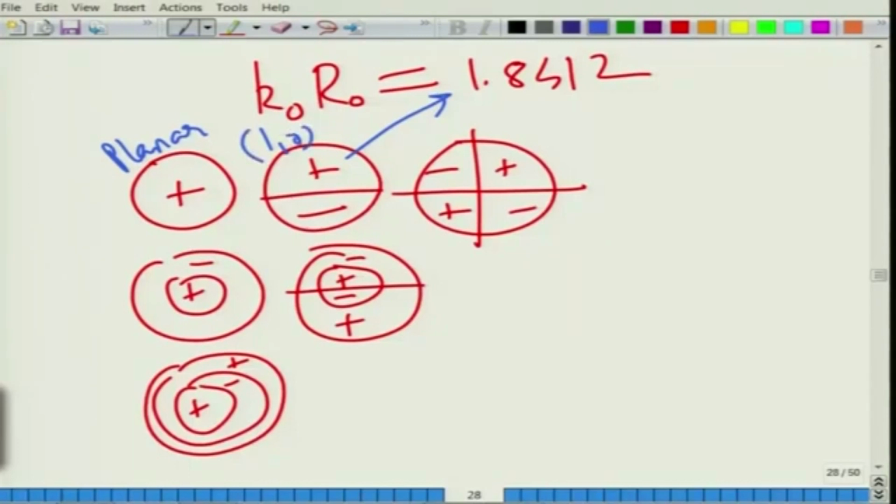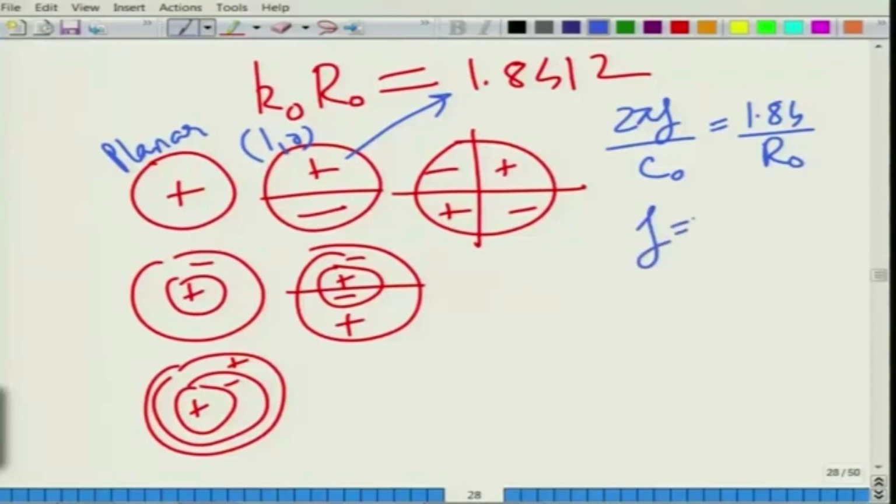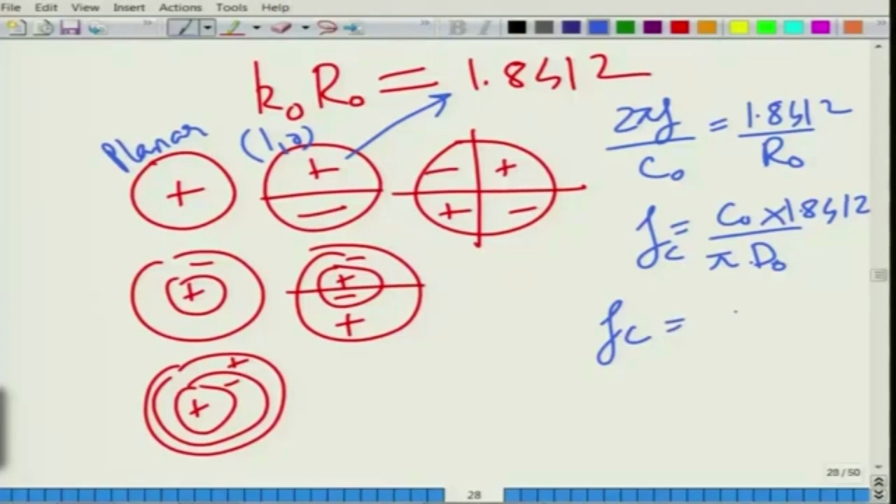The reason I am telling you this is because if the frequency is such that 2 pi f by c naught is equal to 1.84 by r naught, then f is c naught by pi, and with 2 r naught being d naught, times 1.8412 divided by pi.